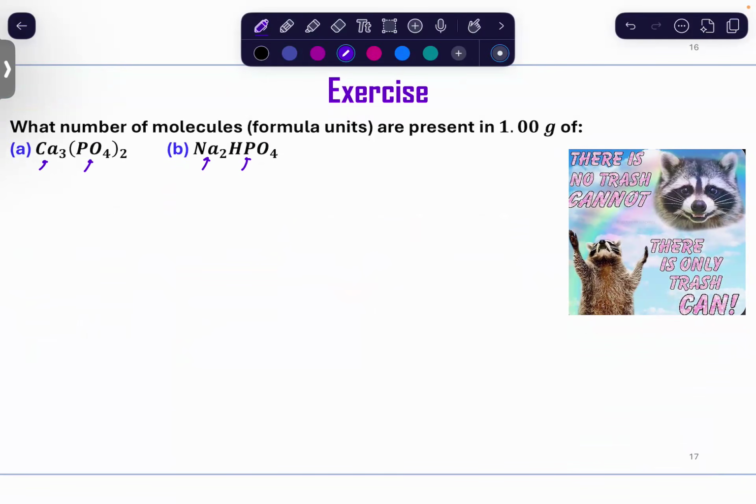So your PO4 is phosphate, HPO4, remember it's hydrogen phosphate. So this is sodium hydrogen phosphate. And again, their subscripts are putting these together in a way where their charges neutralize. You're going to get practice on that in your next assignment.